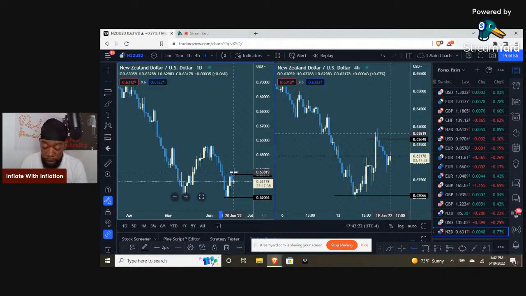So when we rank them out, we got Swiss franc at +7. We have all these +3s, but what's the strongest? New Zealand at +3. We have pound at +3. We have, what else?